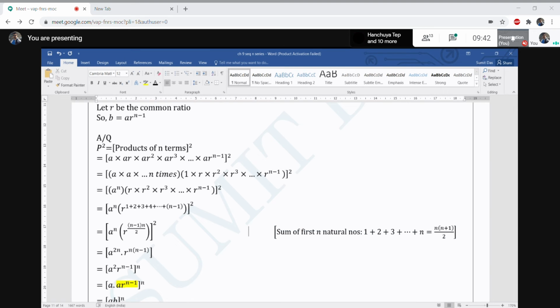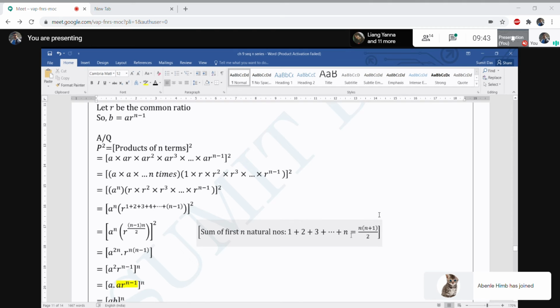You can use this formula here also. The formula is n into n plus 1 by 2. So here up to n minus 1, so it is n minus 1 into n minus 1 plus 1 by 2, which is actually n by 2.